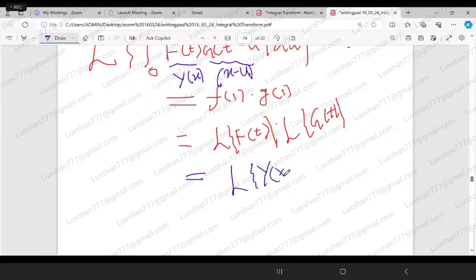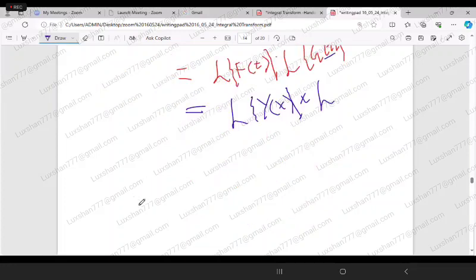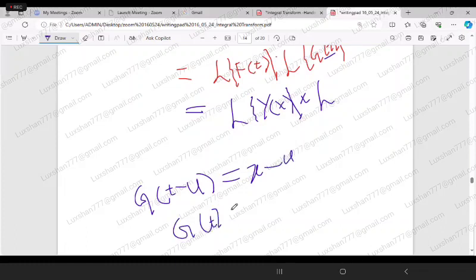It is nothing but the Laplace transform of y(x) into the Laplace transform of g(t), not this one, g(t). So if g(t minus u) is x minus u, what is your g(t)? Can anyone tell me?